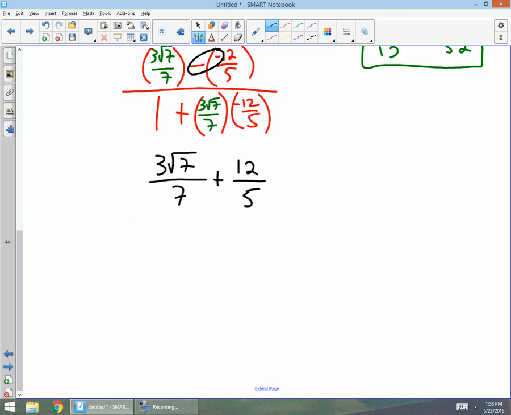This one gives me 1 minus, because a positive and a negative are going to make a subtraction sign. And now all of a sudden this is going to have a little more going on. 36 is 3 multiplied by 12, square root of 7 over 35.